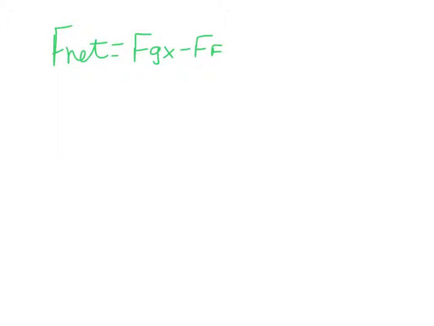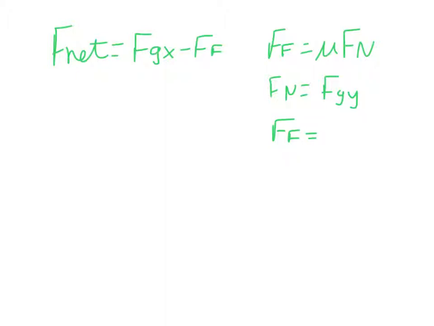We also know that frictional force is equal to mu Fn, and from our force diagram, normal force equals Fgy, which means that frictional force equals mu Fgy. Substituting that in for Ff, we get F net equals Fgx minus mu Fgy.